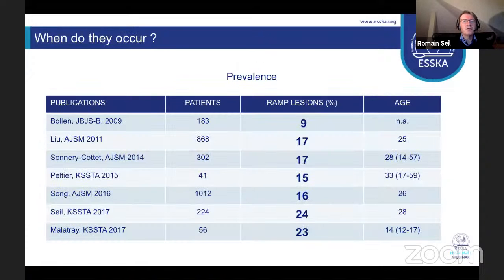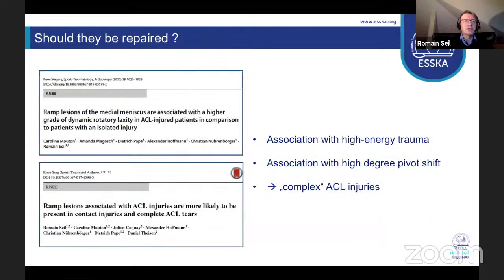Other studies show a prevalence roughly between 15 and 25 to 30%, depending on the types of patients you see. What we also identified is that there is an association between the ramp lesions and patients who suffered from a high energy trauma and patients who present with a high degree pivot shift. So these are more like complex ACL injuries. It's not the small, isolated ACL injuries you treat. These are different injury mechanisms.